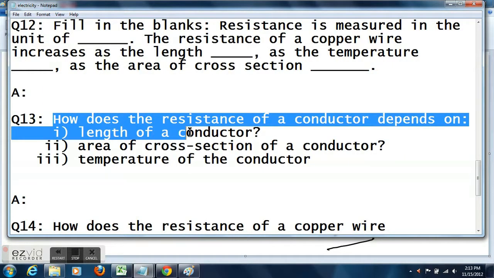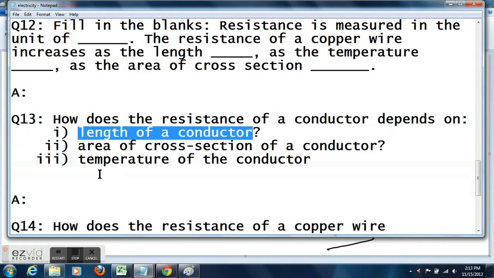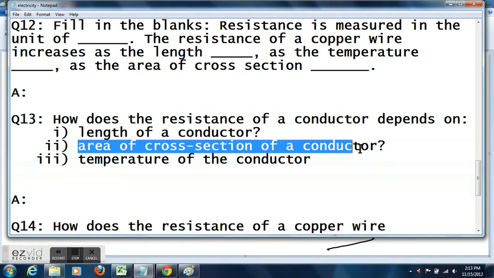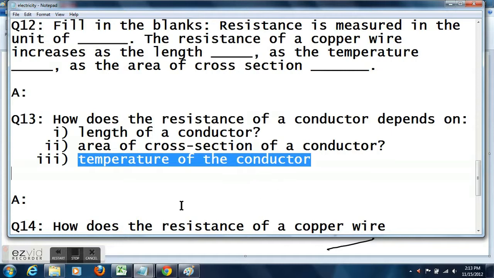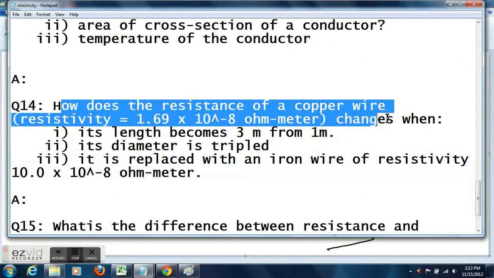Question number 13. How does the resistance of a conductor depend on number 1, length of a conductor, number 2, area of cross section of a conductor, number 3, temperature of the conductor. Question number 14.